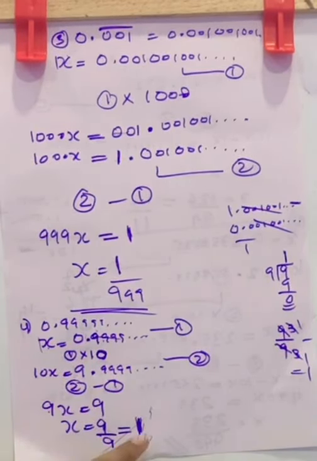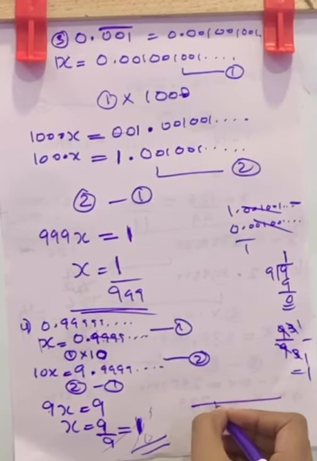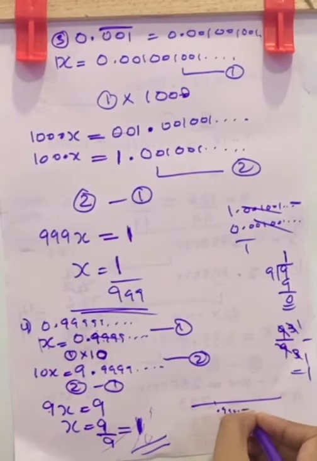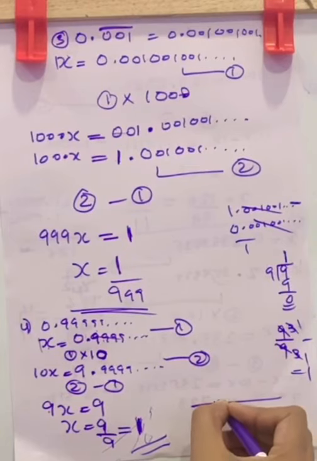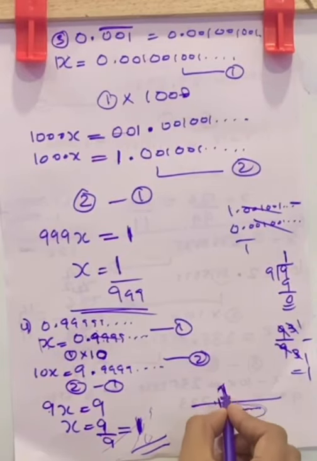That is why we got the answer 1. On the number line, after 0.99999, it is very much close to 1. That is why while we write it as P by Q, we got the result 1.